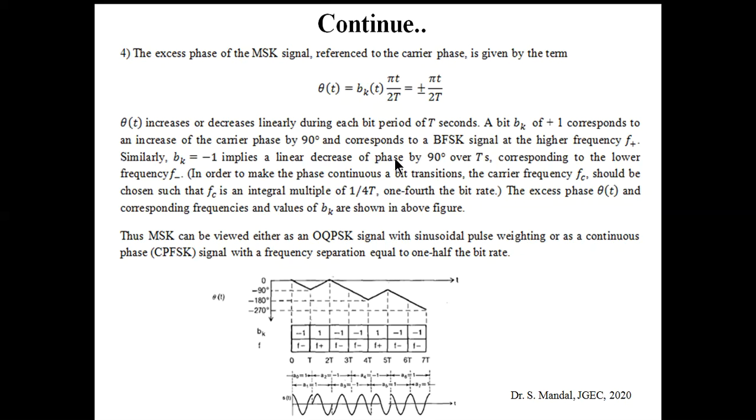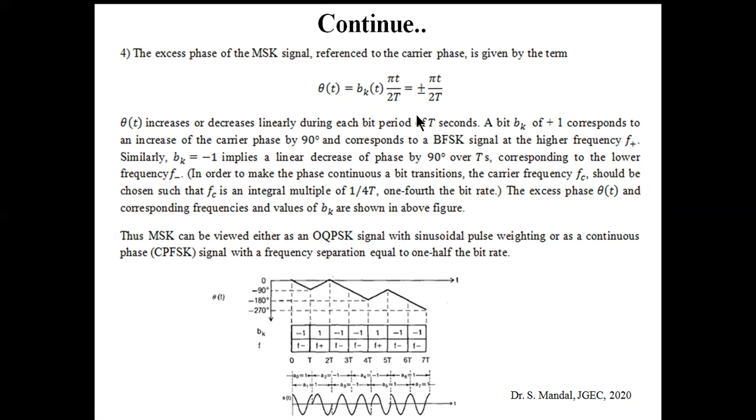Okay, so similarly, whenever bk is equal to plus 1, in that case there will be an increase of carrier phase of plus 90 degrees, and this increase of carrier phase of plus 90 degrees corresponds to a BFSK signal at higher frequency.